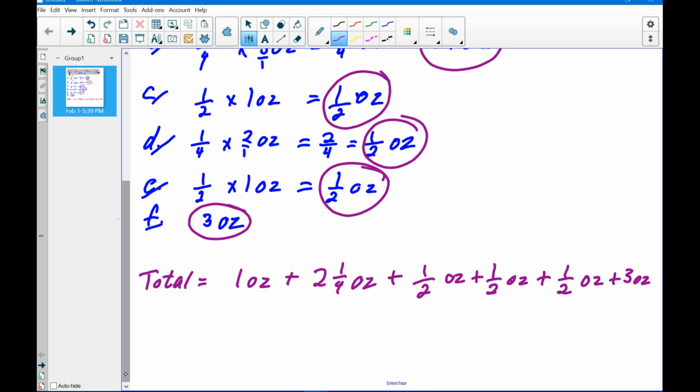So I would make it easy on myself and add these ones first. 1 ounce plus 2 1/4 gives us 3 1/4, plus 3 gives us 6 1/4 ounces. Those three. And I will add these three next. 1/2 plus 1/2 is 1, plus 1/2 is 1.5, or in other words 3/2.